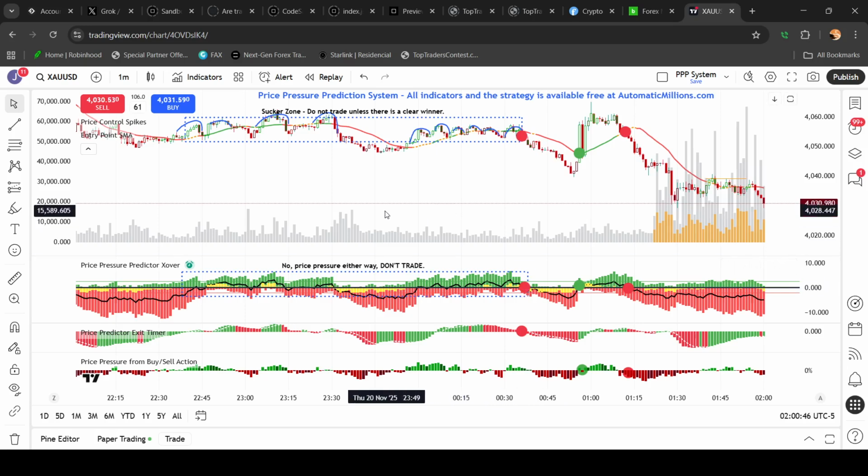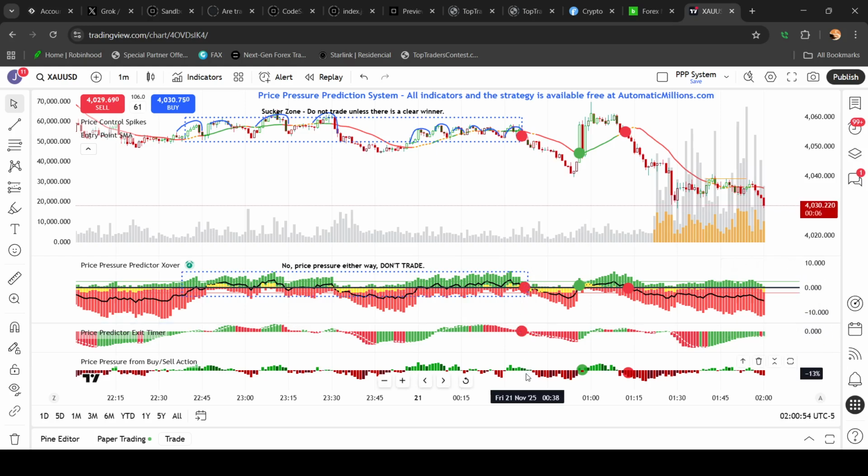So to go over what this system does, it just tracks pressure. All right. And anytime there's a crossover from bearish to bullish pressure, it crosses this line.